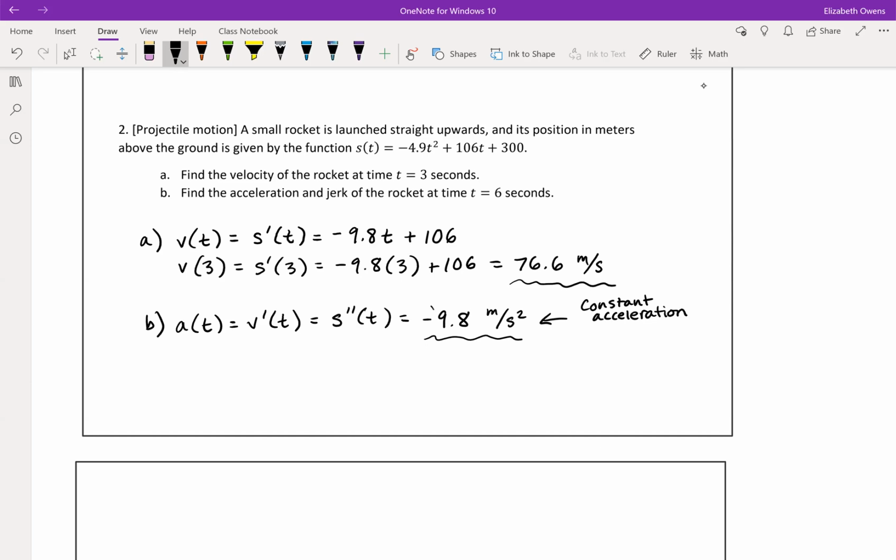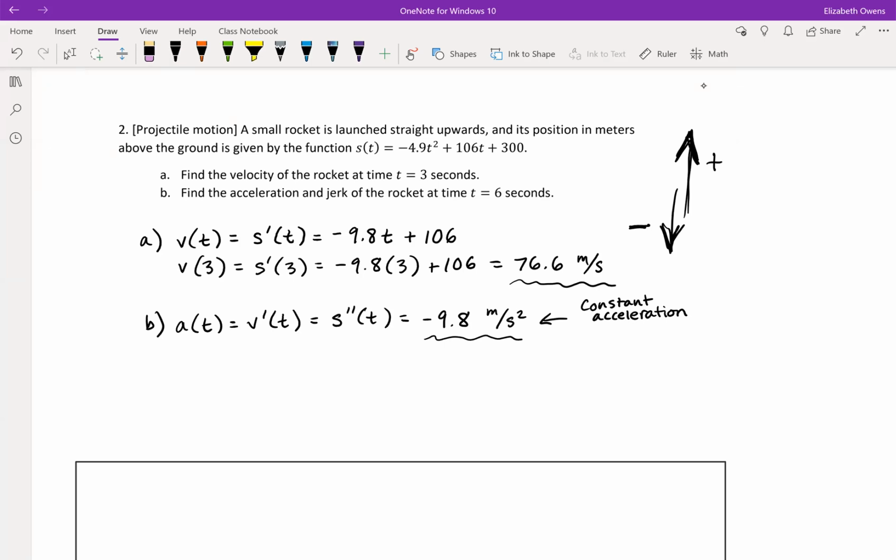Notice that this is negative, which indicates that the acceleration is pointing in the negative direction. If we decided that upward was positive in looking at our velocity, then acceleration acts in the negative direction, causing the rocket to slow down if it's traveling up, or speed up if it's traveling downwards, like at the end of its flight.